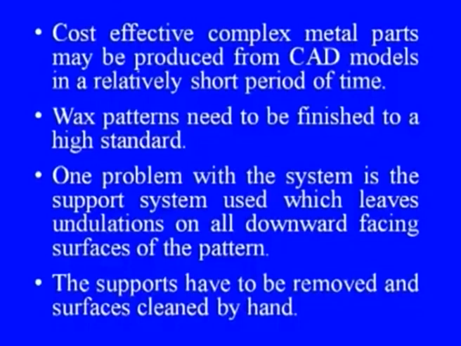Generally, wax patterns need to be finished to a very high standard. One problem with the system is the support system used, which leaves undulations on all downward facing surfaces of the pattern. The supports have to be removed and surfaces cleaned by hand.